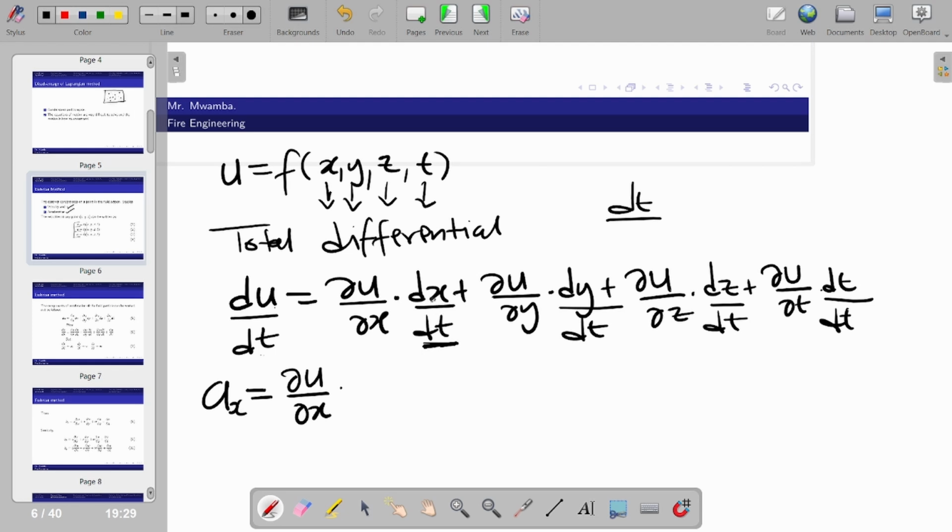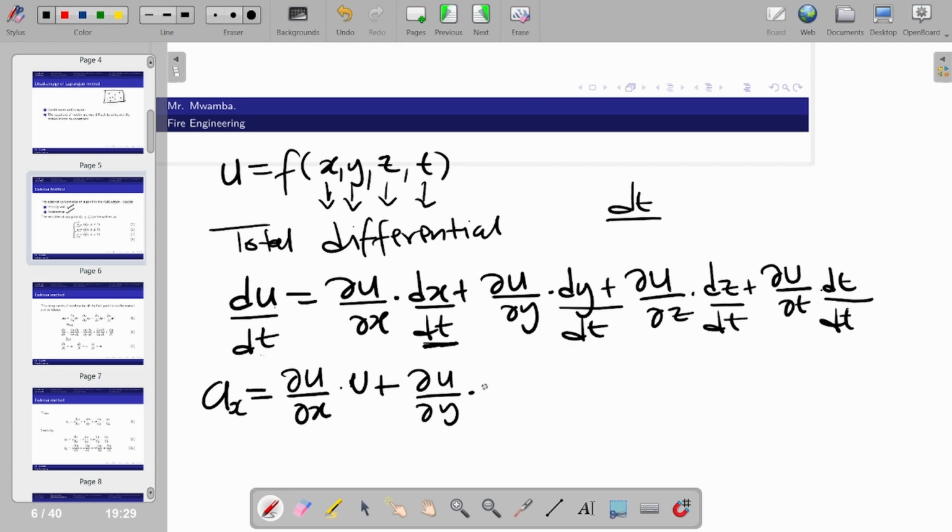This is the change along the x-axis with time. So this is the velocity component along the x-axis, and this is u, plus the partial of u with respect to y times, what about this one here? Change in distance along the y-axis over time.